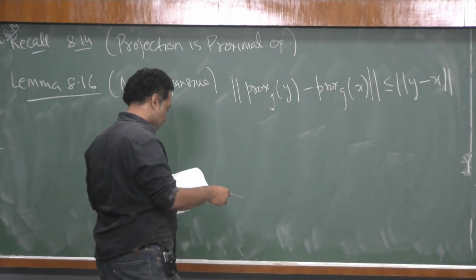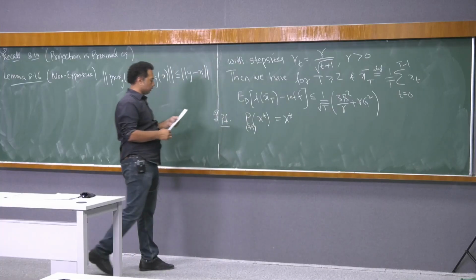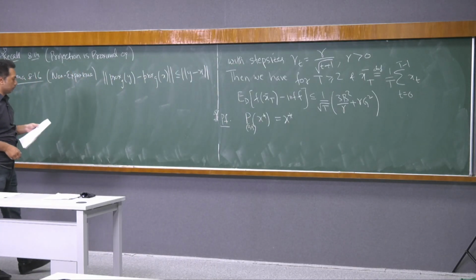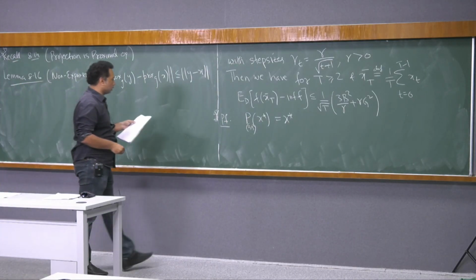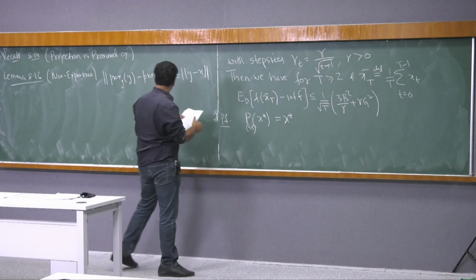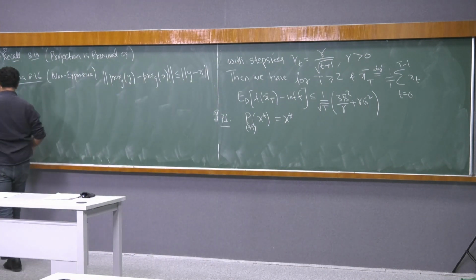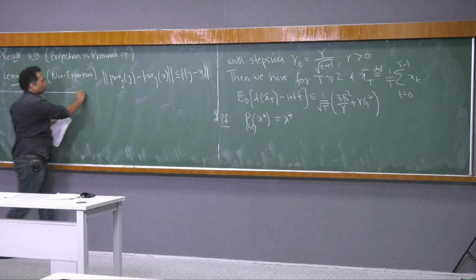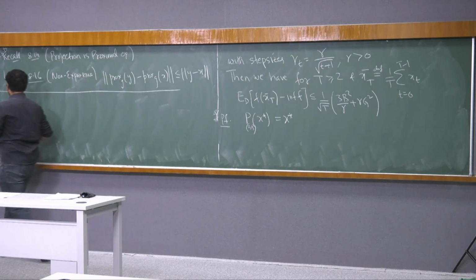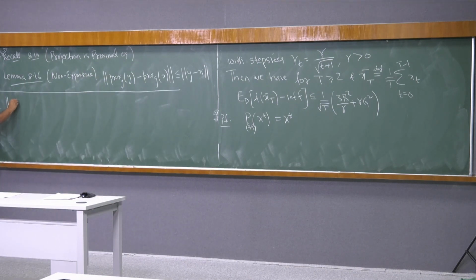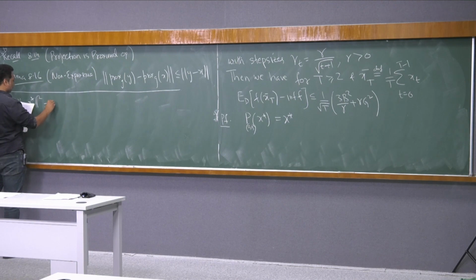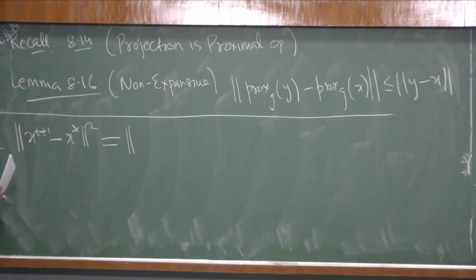Going back to the theorem, let us start with the norm of x t plus 1 minus x star, and we will introduce these projections. Since these are non-expansive, I can write a projection of these.